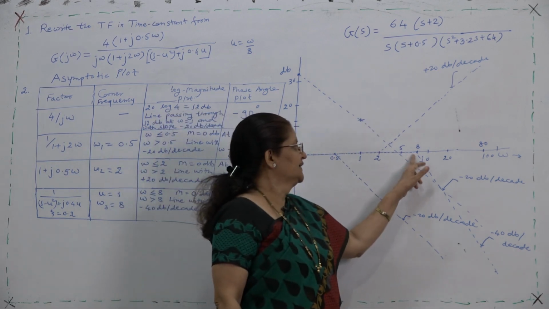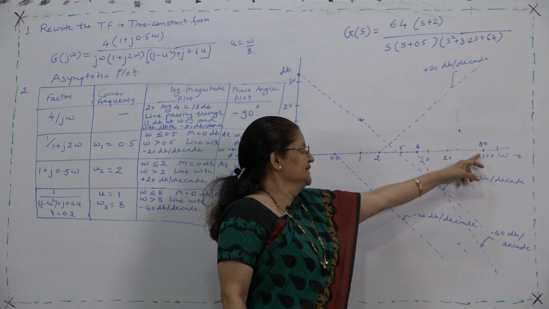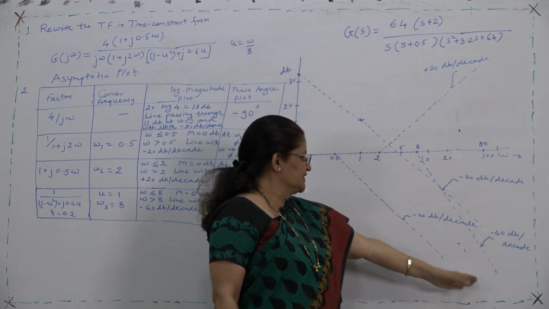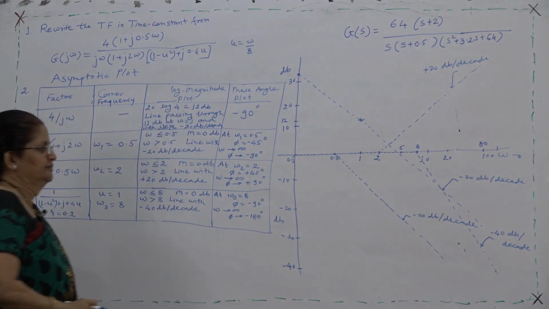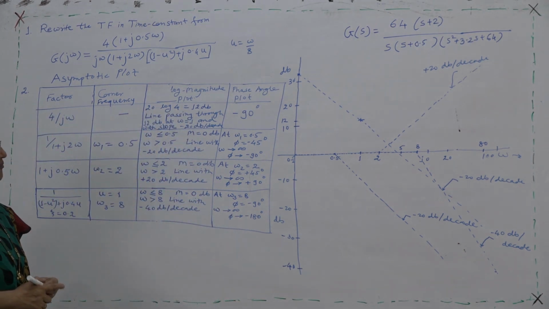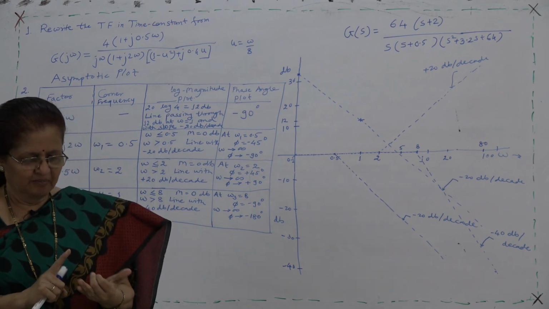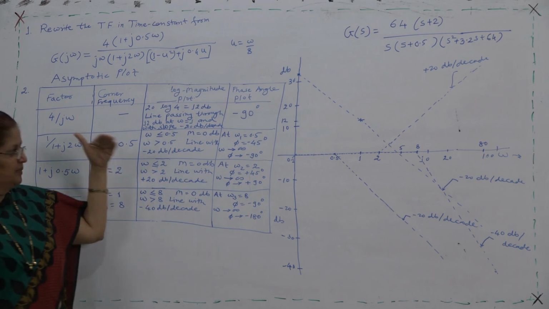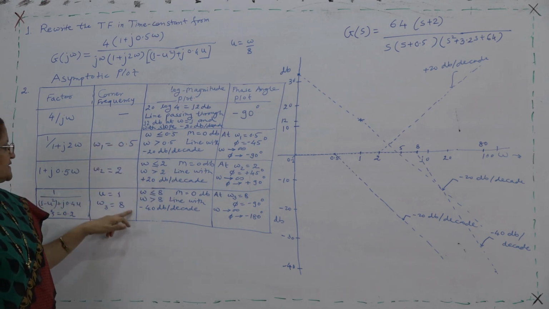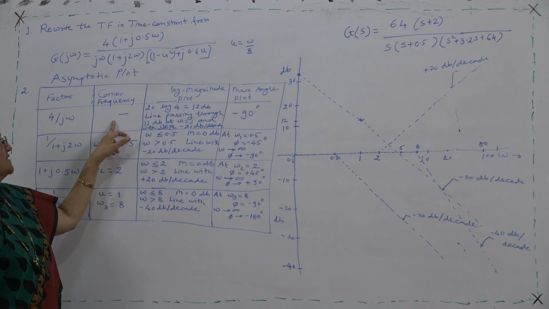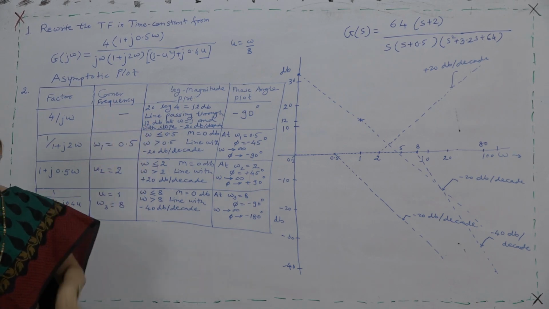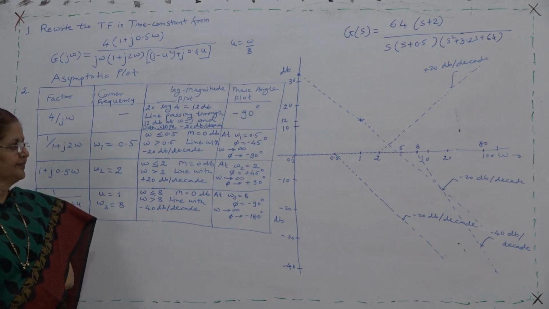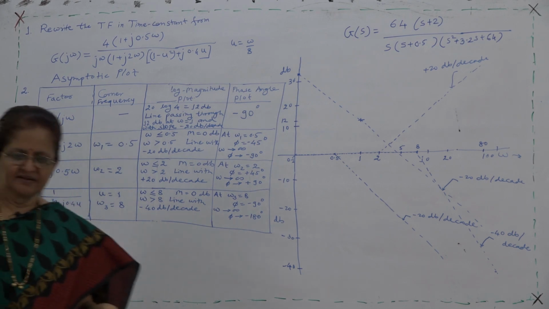Because this is 8, I am taking 1 decade, that is 80, and within that 40 dB change. So, minus 40 you can draw a line. Is it okay? So, you will get minus 20 dB, plus 20 dB, minus 40 dB lines for these 3 factors, and here no corner frequency, line passing through 1, at 1 it is 20 log of k. So, this is approximate plot.